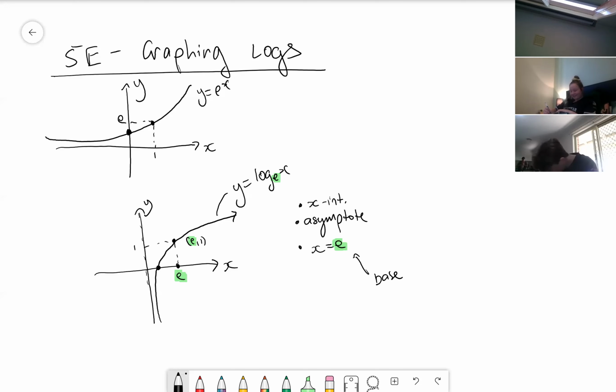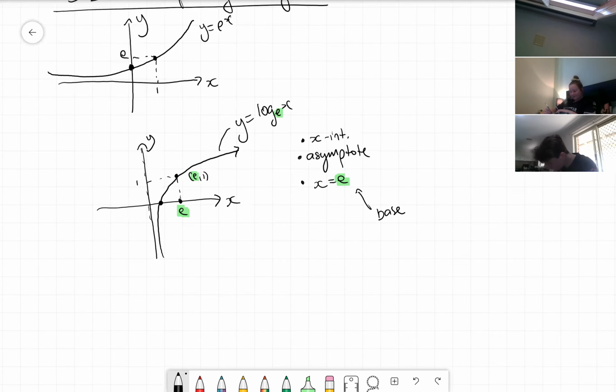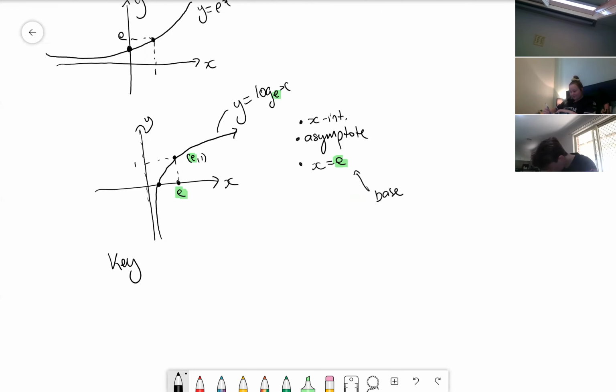All right. So we have a few key values. They're in your textbook. Oh, yeah, I forgot to write this here as well. Sorry. This is x is equal to 1 here.